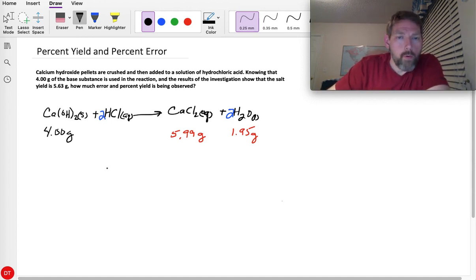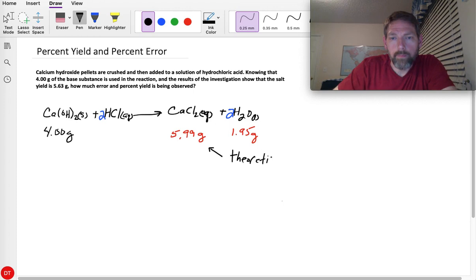So what we need to realize is this value here is our theoretical yield, which is the same as saying your expected yield. That is a C, I promise you. Our expected yield.